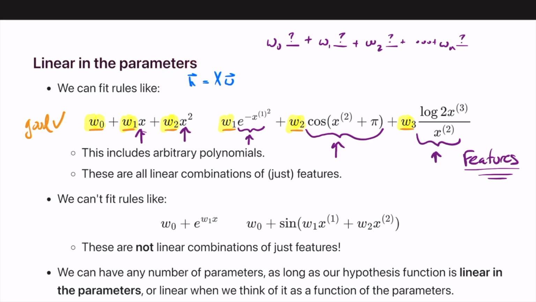To make that explicit, we can't write this in terms of our augmented x vector dot product with our weight vector or parameter vector. So these are things that stop us from doing that. This is what we mean when we say we have to be linear in the parameters.